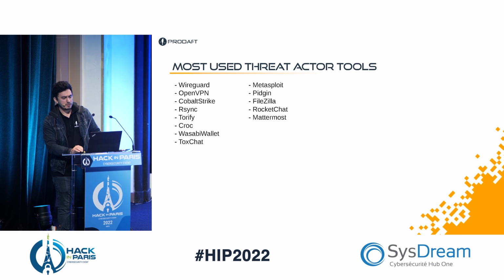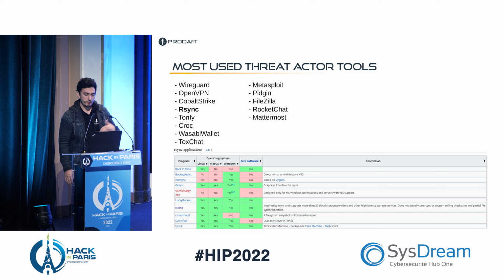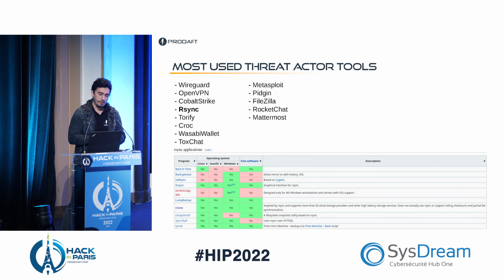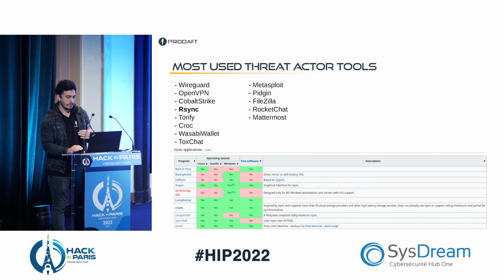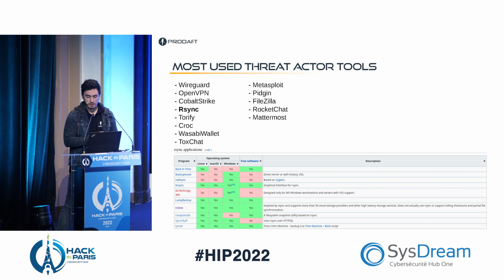Rsync is a very fundamental software. There are a lot of other software built on top of the Rsync utility, such as back-in-time, backup assist, grsync, and especially rclone. Rclone is a very popular tool amongst ransomware operators.